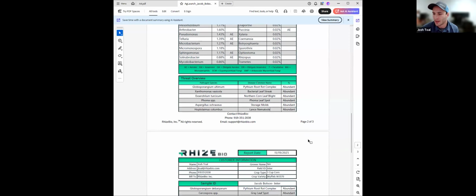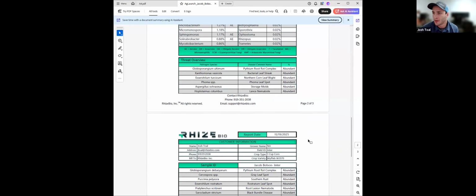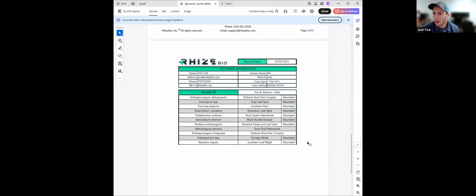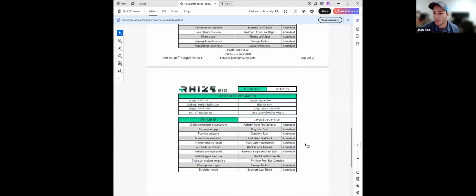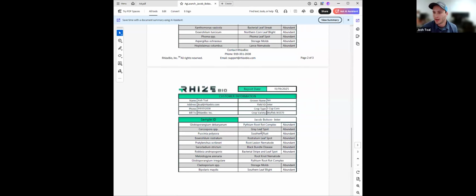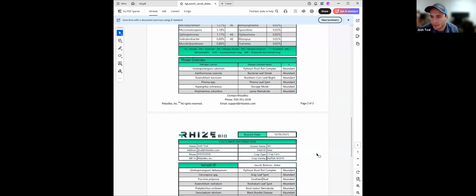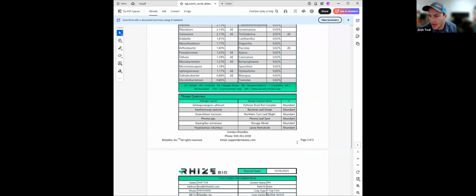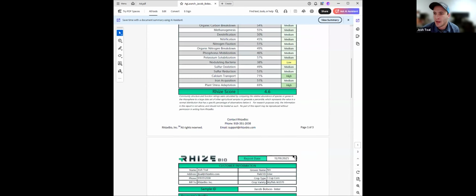It was flagged as abundant in that field. We also have root knot, southern rust, gray leaf spot, root lesion nematode. Seems as if there's a lot of nematode in here. So yeah, it could be any of these.